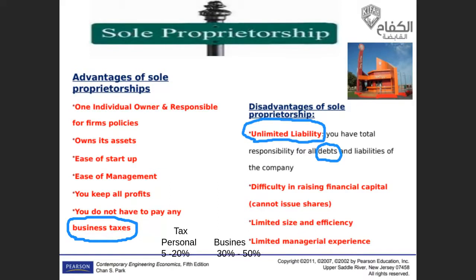Your obligation is unlimited, meaning your liability is unlimited. You have to pay this loan even from your personal belongings. You have to sell your personal car, your home, whatever it is. So you have a personal obligation for the debts and liabilities of the business.